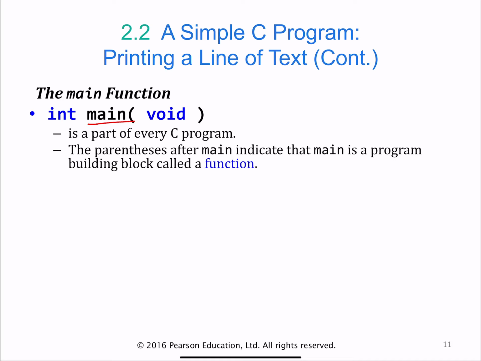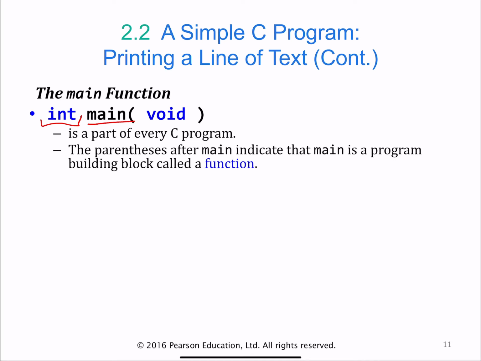Now, before and after main, we have something else written over here. We have something that says int. We'll talk about that in a little bit. This is basically something called the return type of the function. Functions do work, and at the end of performing that task, they produce an output.